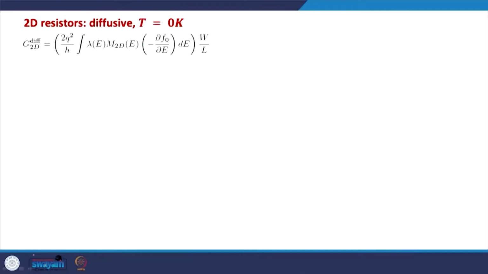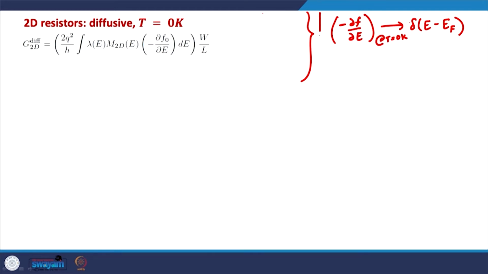Okay. So let us first see what happens at T equal to 0 Kelvin. Like we know, this Fermi window function, minus del f by del E, boils down to a delta function at the Fermi level at T equal to 0 Kelvin. This greatly simplifies the integration.